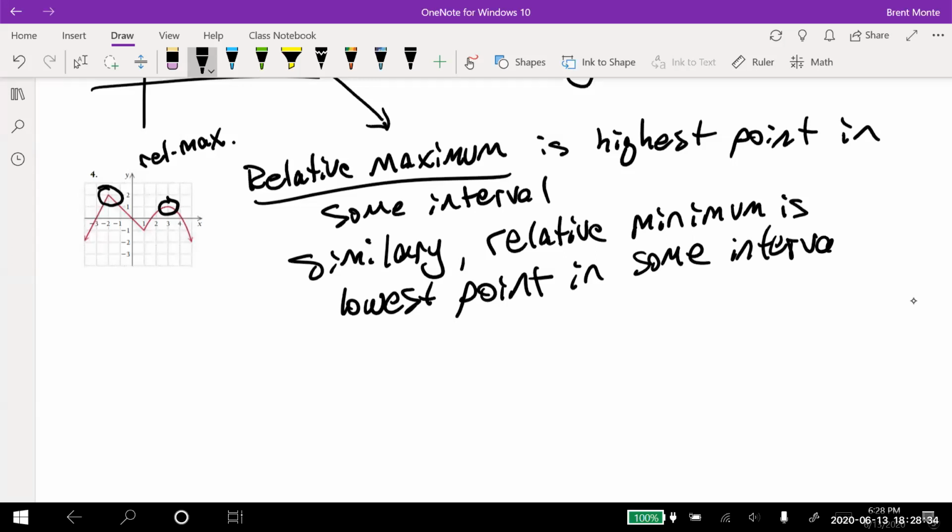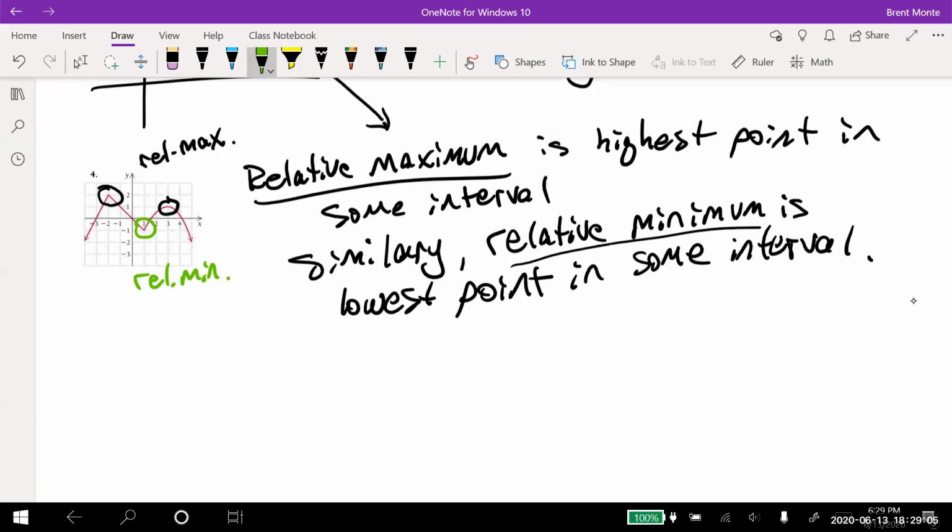And so notice it doesn't have to be the lowest point in the entire graph, but just in some interval. So if I take, for instance, let's take another color. Well, that point right there, that's going to be the relative minimum. And it's not the lowest point on the graph. We see off to the left and off to the right, there's points lower on the graph of each of those. So it's not the minimum of the whole graph, but it is the lowest point in that interval that it's in. So that little green circle that I drew, it's the lowest point in that circle.